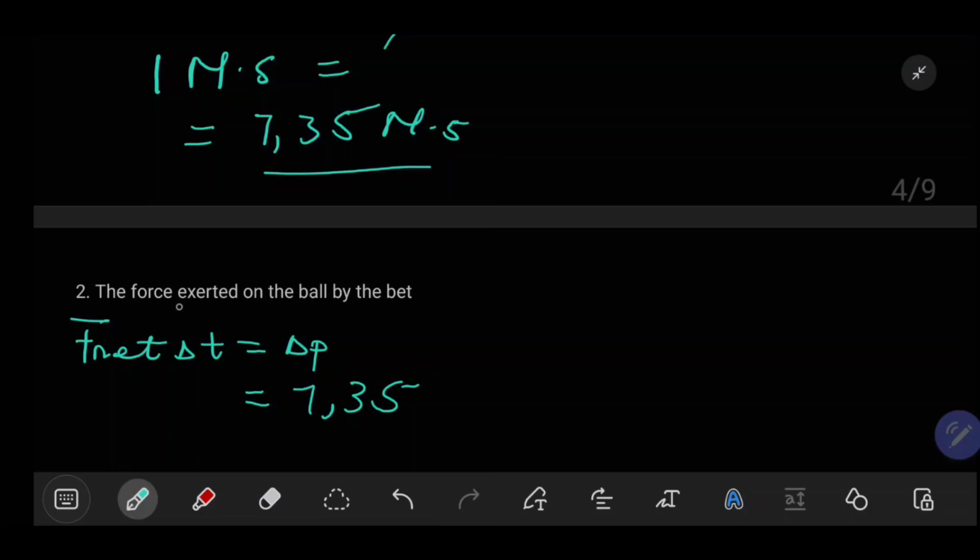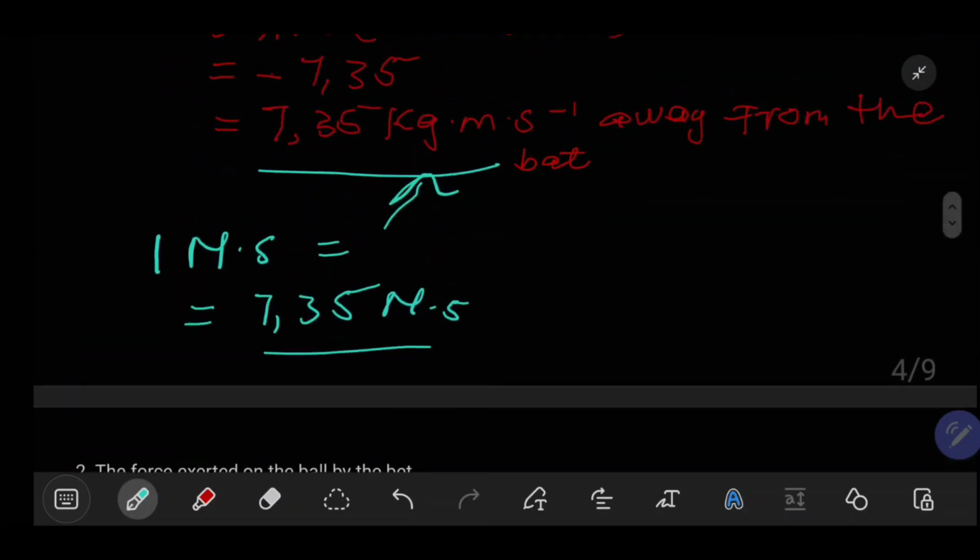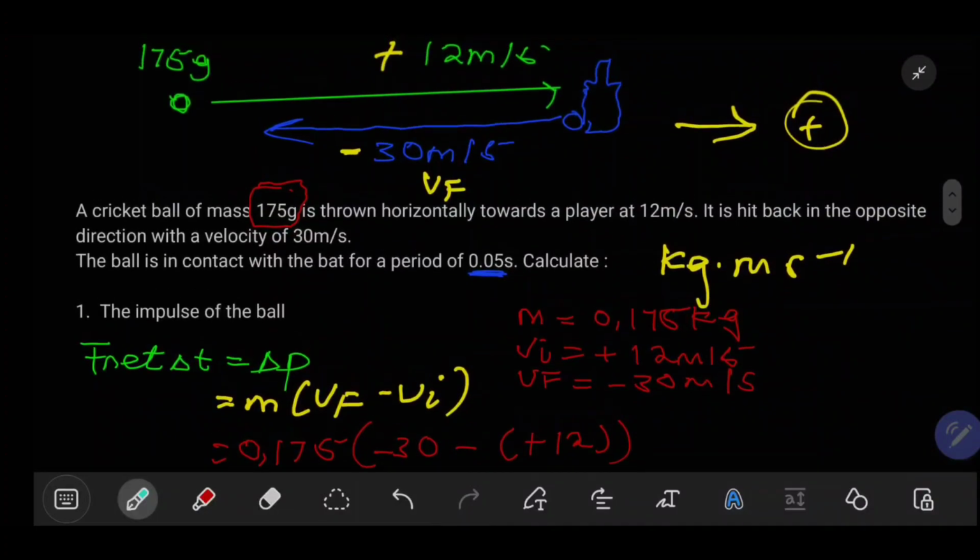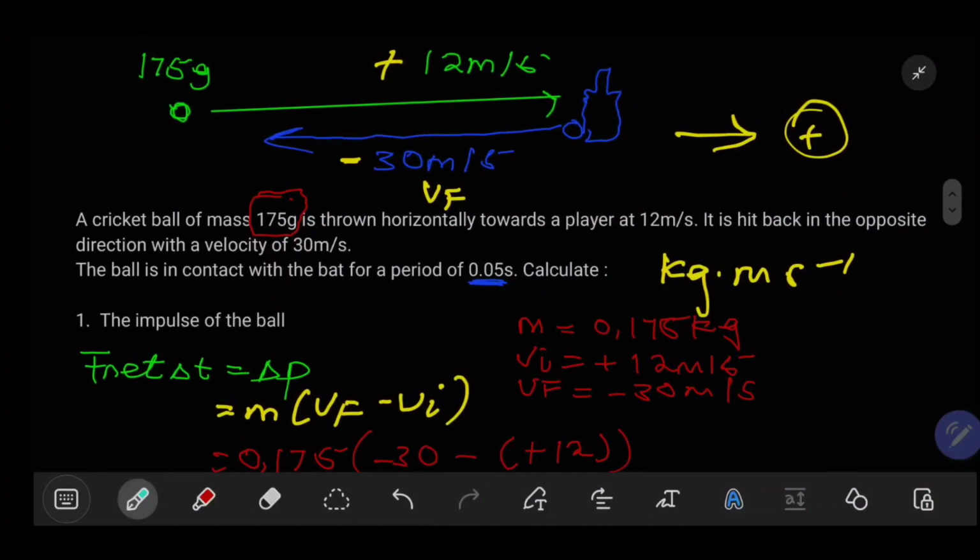Now we want the force, so we keep our F net. And then there is this important information: to find the force exerted on the ball by the bat, that is the moment whereby the two were in contact, and they were in contact for 0.05 second.